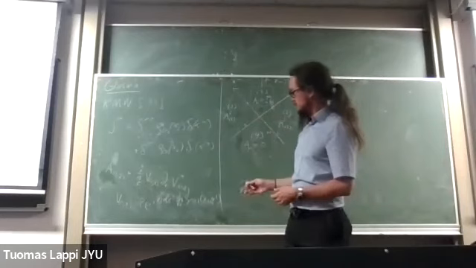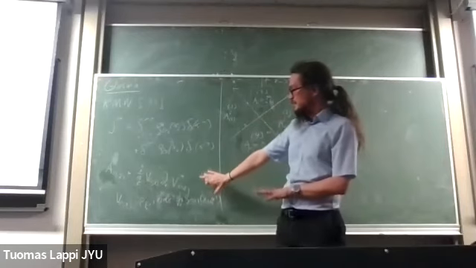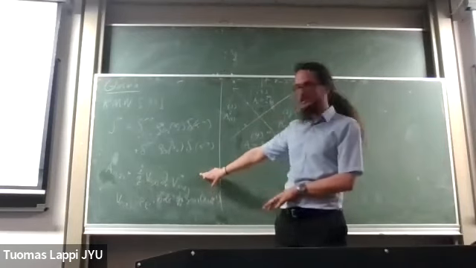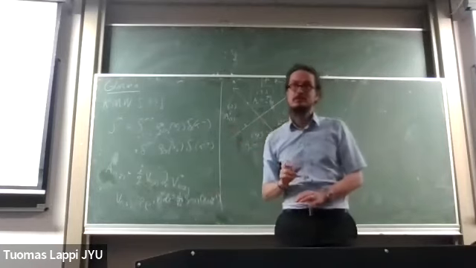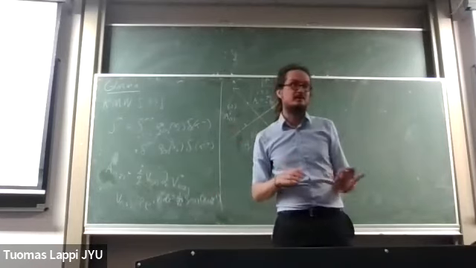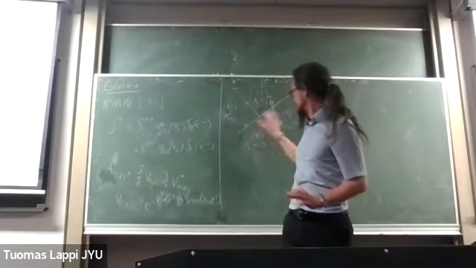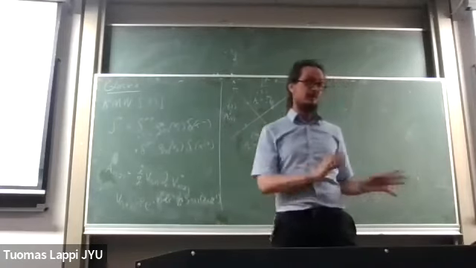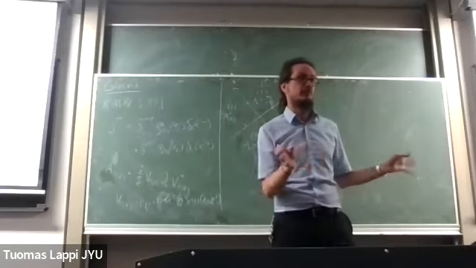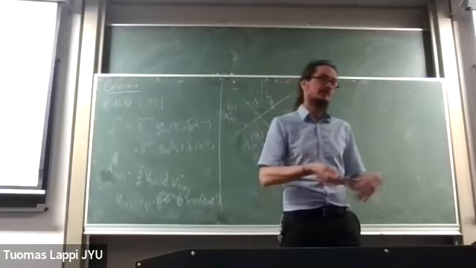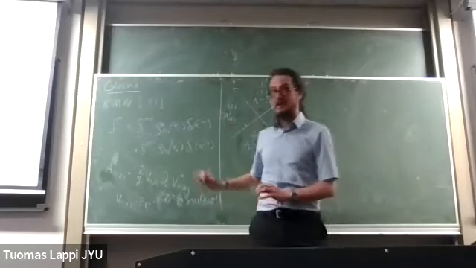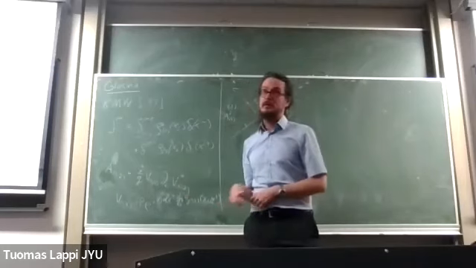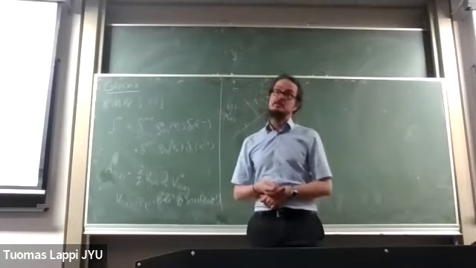And now, so far, both A plus and A minus are 0, right? So this configuration is so far a perfectly good solution of the equations of motion everywhere. It just happens to satisfy both light cone gauge conditions. Both A plus and A minus are 0.